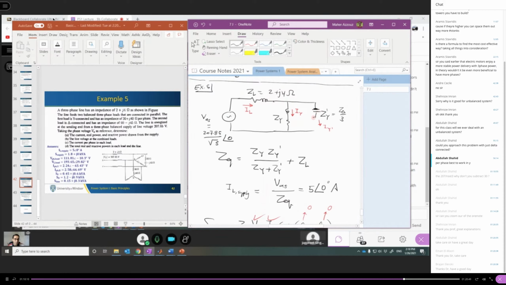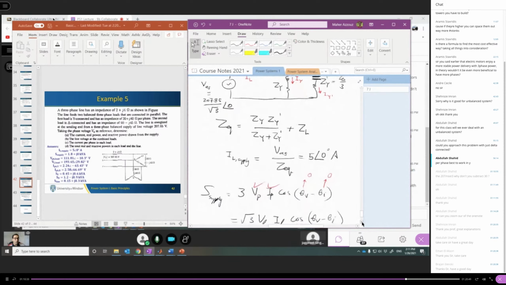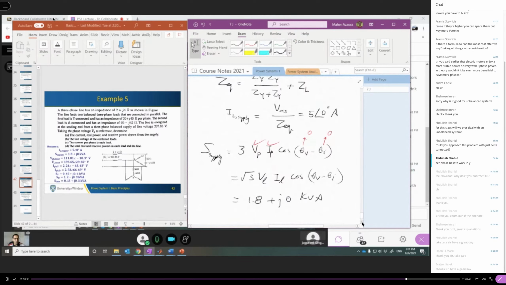So this capacitor will generate reactive power locally to compensate all the reactive power needed for the line and the second load. That is why the total reactive power needed from the supply is 0.